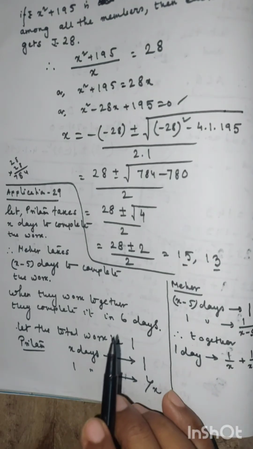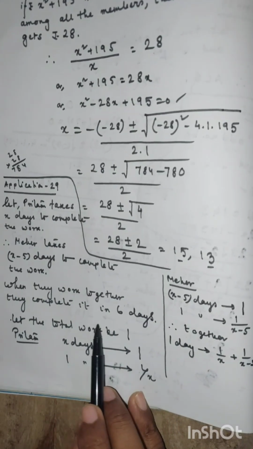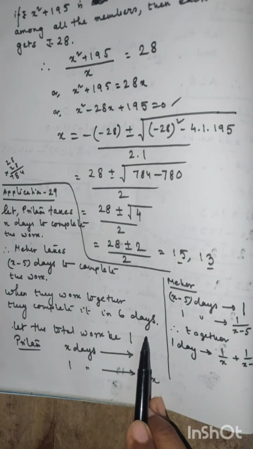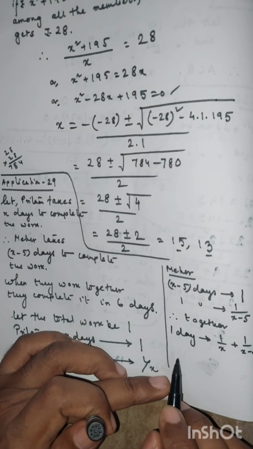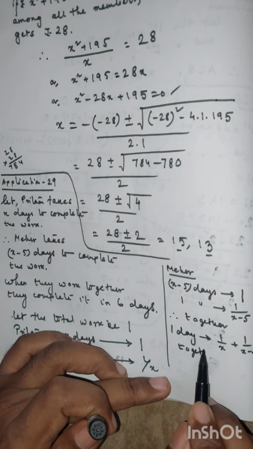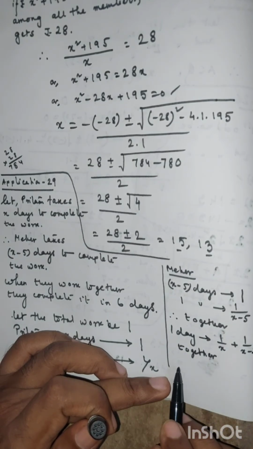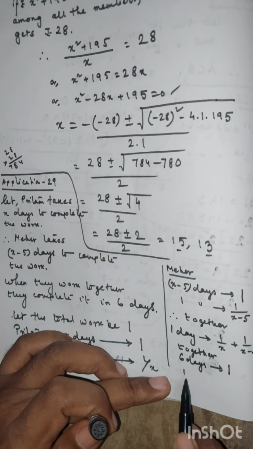But the question says, when they work together, they complete it in 6 days. So when they work together, they take 6 days to complete one part. So in 1 day they complete 1 by 6 part.